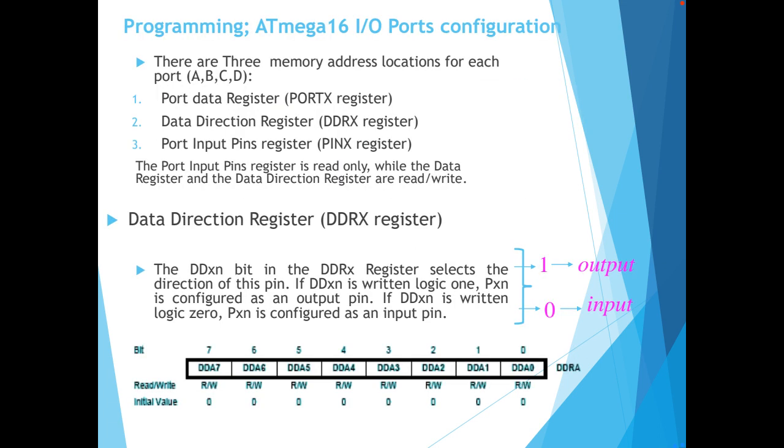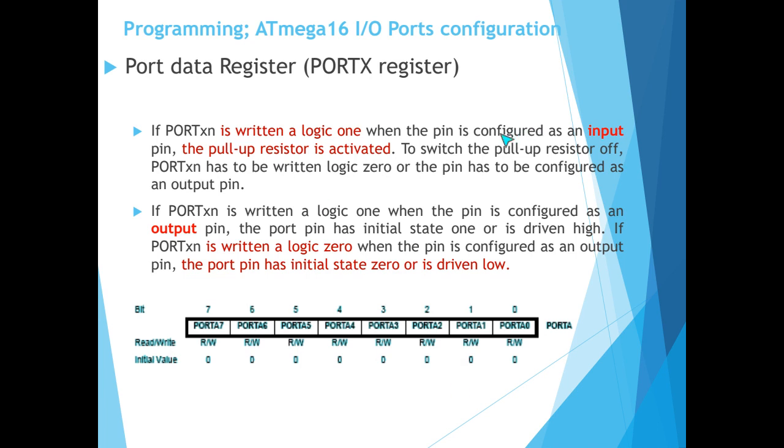One of them is the port data register. For activating the pull-up resistor, we use the port data register. But for activating the pull-up resistor, we need at first, as I explained here, to configure the bits of the port for which we want to activate the pull-up resistor as input.